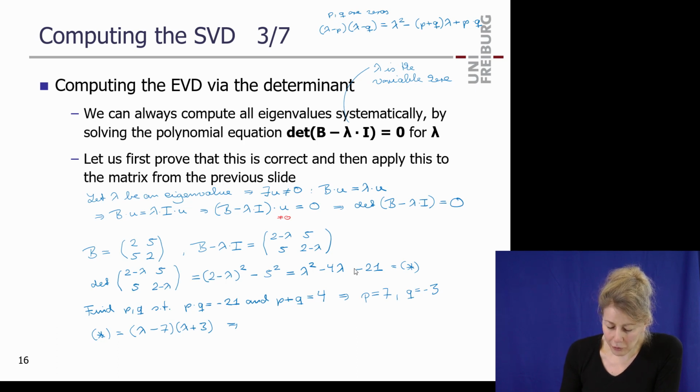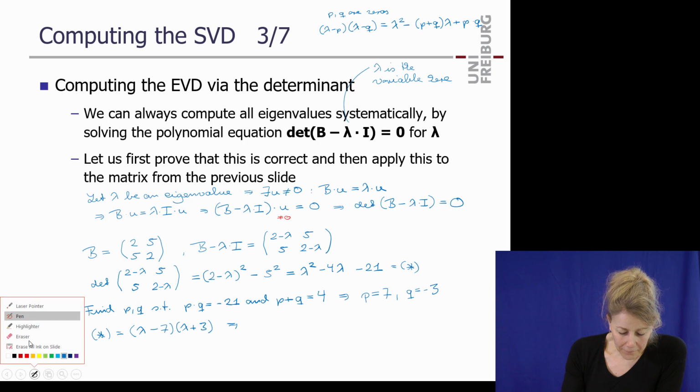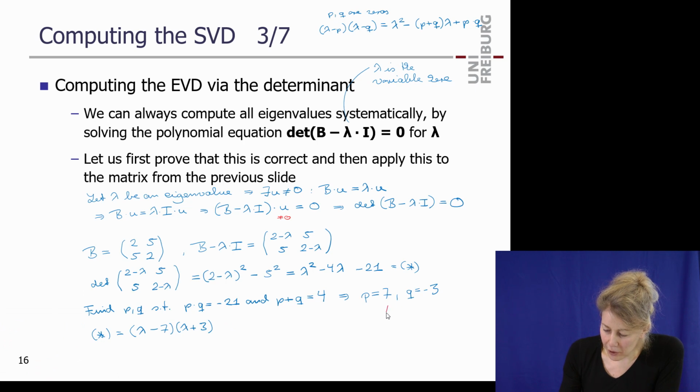You don't need the PQ formula. These are our two eigenvalues.